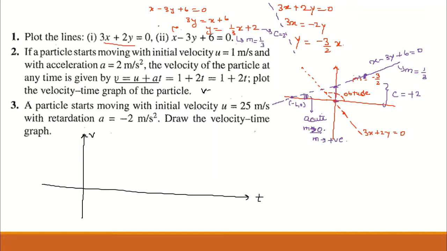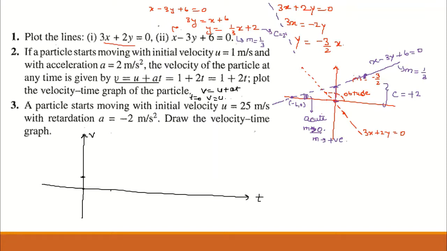Substituting t is equal to 0, v equals to u, that is initial velocity, that is 1. So at t is equals to 0, the v is 1. At t is equals to 2, the v is 5.